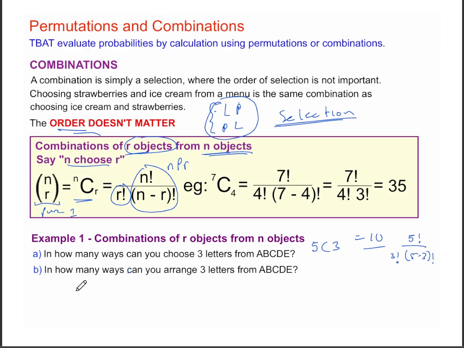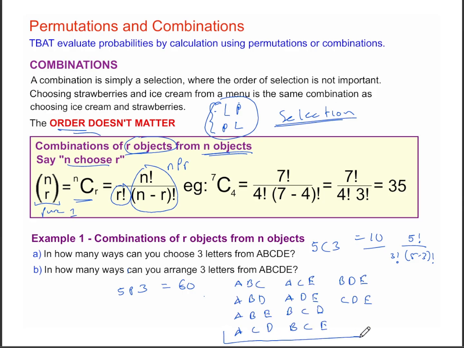In the other question where we are talking about the arrangement of those 3 letters, what we have is 5P3, which is 5 permutation 3, which is just 60. And what this is, there are 10 possible choices of those 3 letters. And those 10 choices are these 10 possibilities.